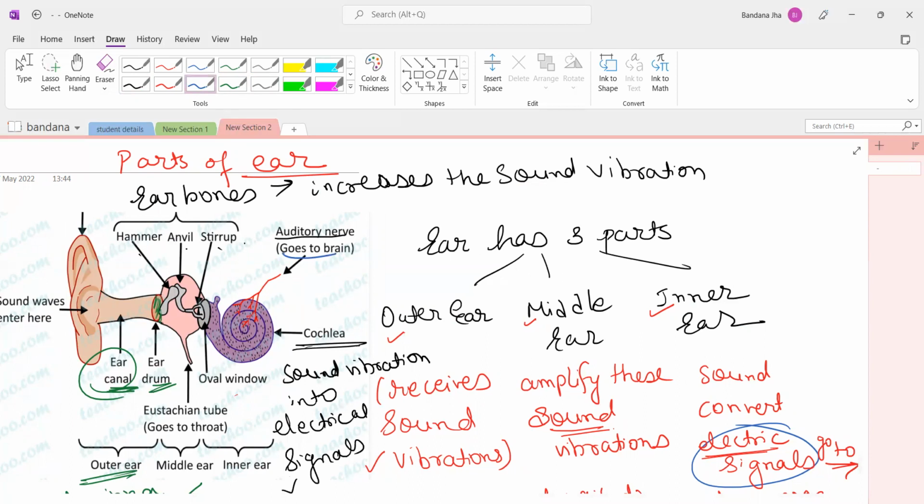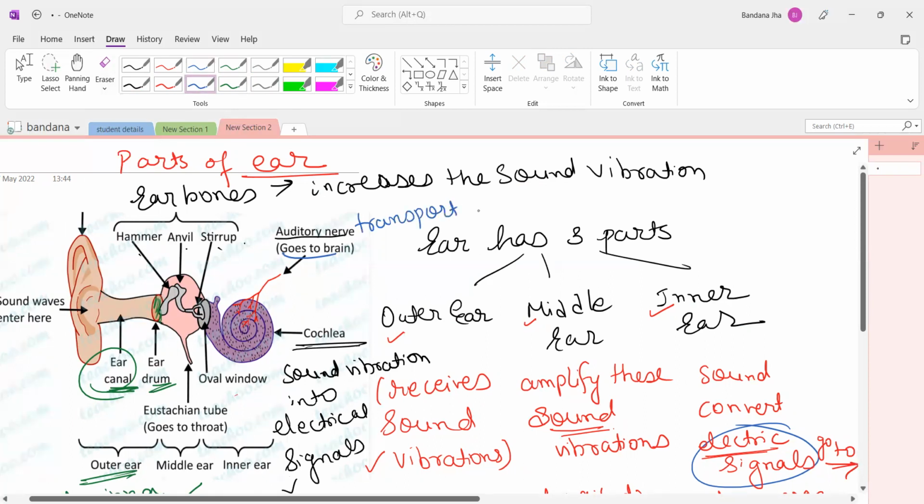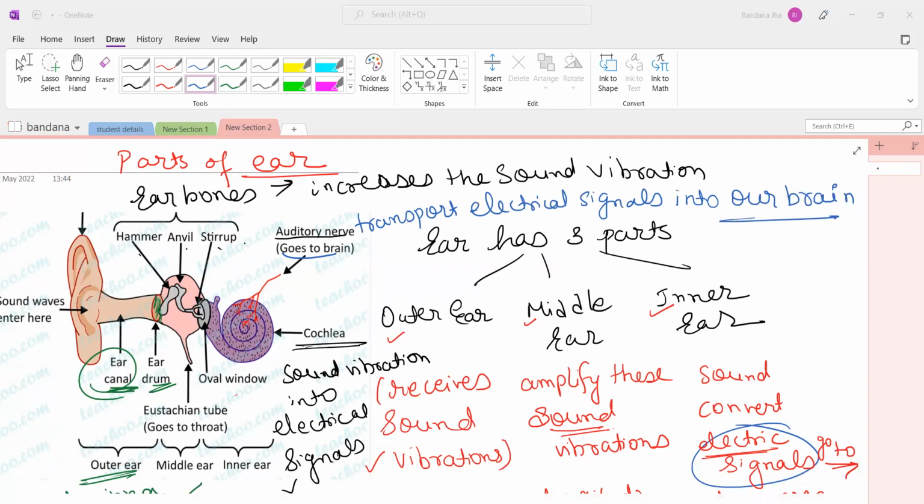So the main role of the auditory nerve is to transport electrical signals into our brain. And the brain does what? The brain interprets these signals as sound, as we have already studied.